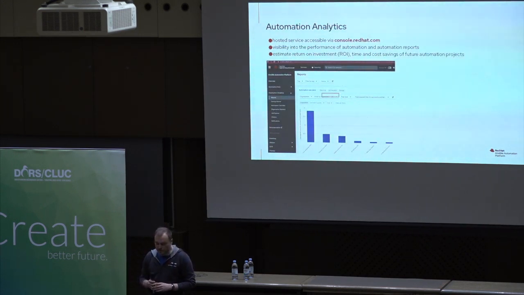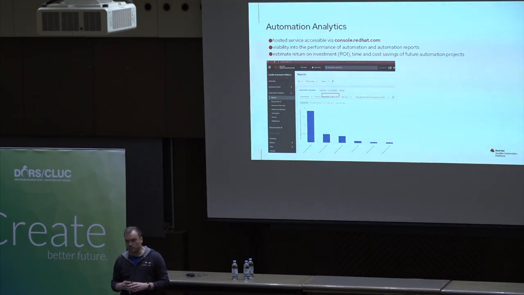Another component of the Ansible Automation Platform solution is a hosted service, which is also reachable via console.redhat.com, and it provides us visibility into the performance of our automation. So we can generate different kinds of reports, for example, to check which automation jobs are used the most, which are used the least, which automation jobs run correctly, and which jobs failed.